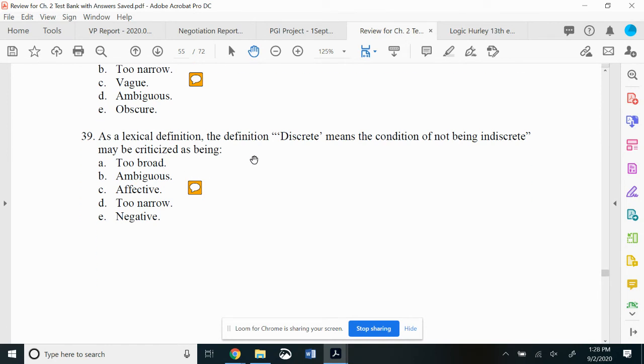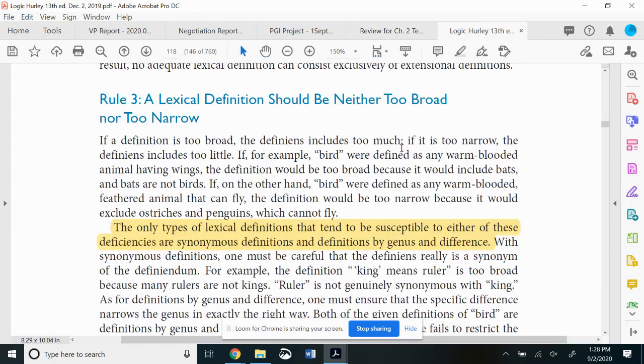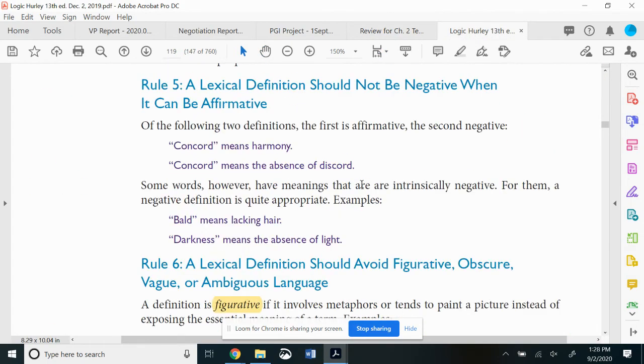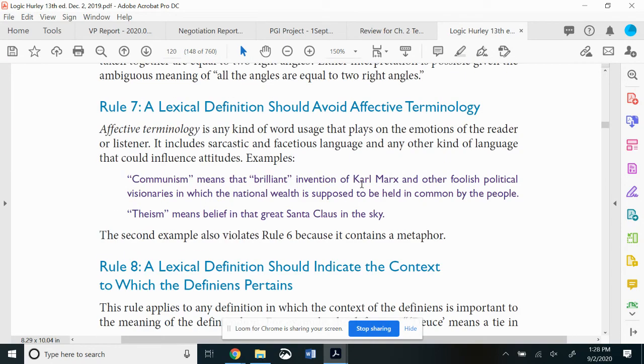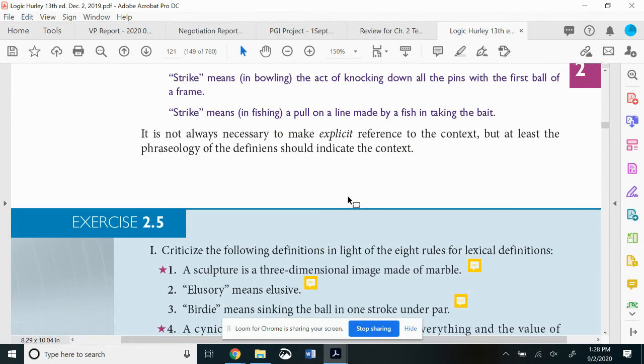39, lexical definition. The definition discrete means the condition of not being discrete may be criticized as, and here is the key word, not, negative. So basically, when you can describe something in the positive, you got to do it, versus describing it in the negative.